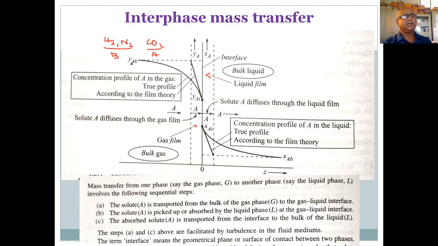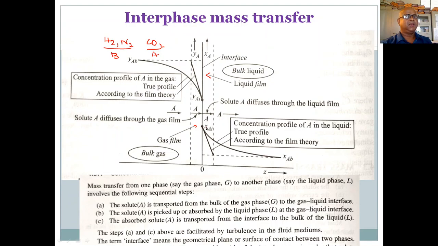So it will diffuse from the gas phase to the liquid phase, so there will be a high concentration, and then it will look like this at the interface, that is the concentration YAI. Then when it comes to the liquid side, XAI.